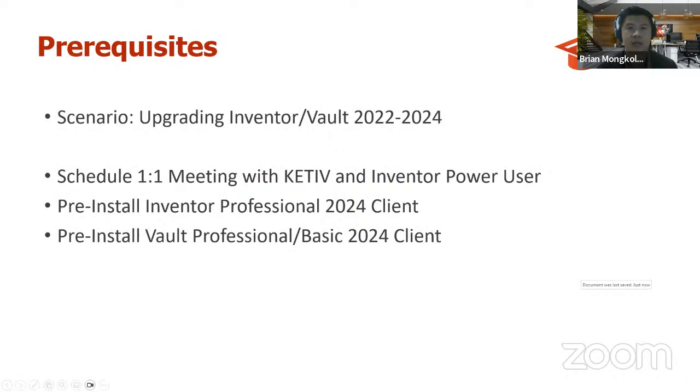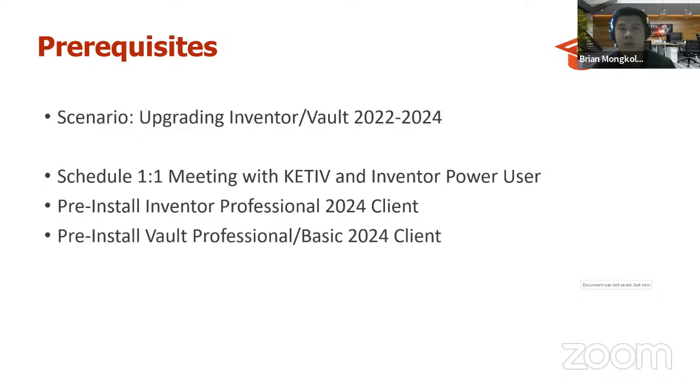So now we're going to dive into the meat of it. So let's put a scenario out there that the customer is going from 2022 to 2024. They have Inventor Professional and Vault, let's just say Professional in this case, installed. We help Vault Basic customers as well.